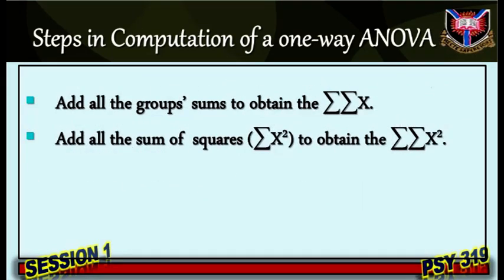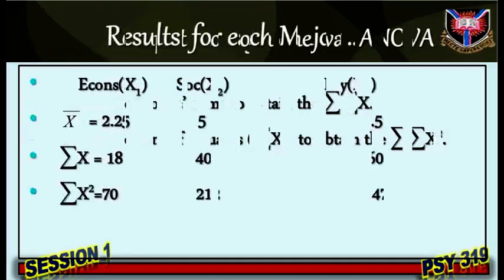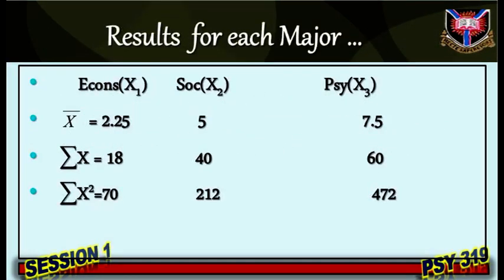C. Add all the group sums to obtain the summation x. D. Add all the sums of squares to obtain the summation x squared. You will arrive at the following for each major. The solutions are written below.